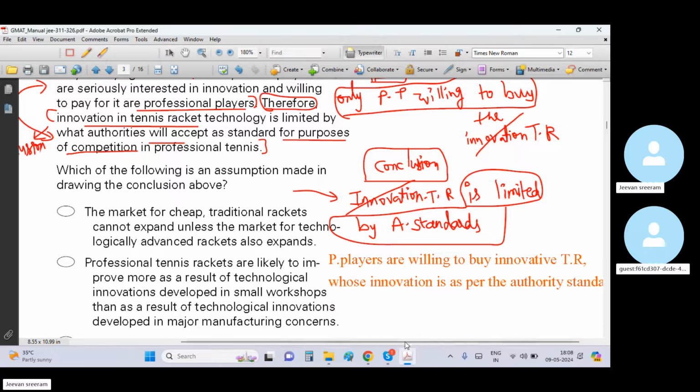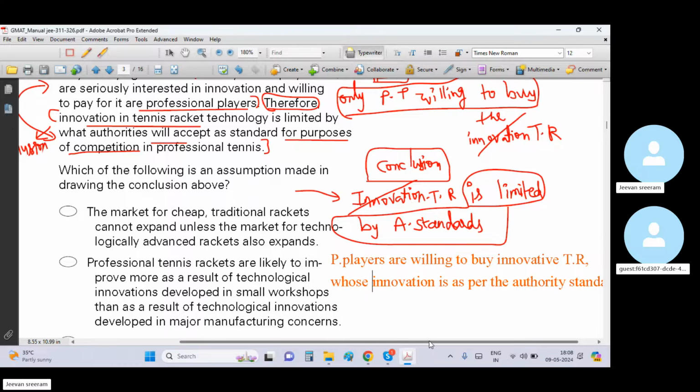If this is the case, like professional players buy only innovative tennis rackets whose innovation is as per the authority standards, the manufacturer always has the restriction. Can he create any innovative tennis racket as per his wish?